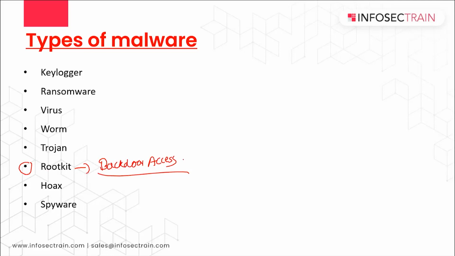It will give you backdoor access, but as a root user. Root means admin user, which means you have all the access of the system. So this is the difference over here.